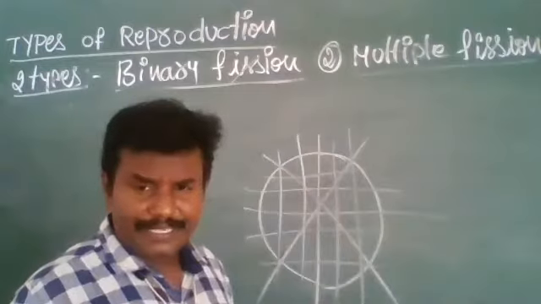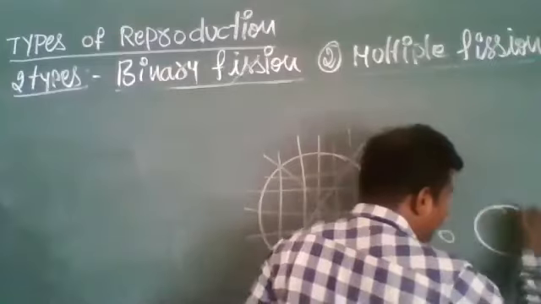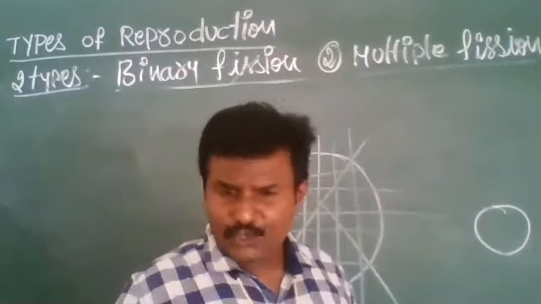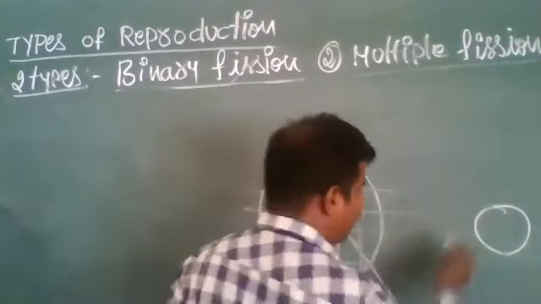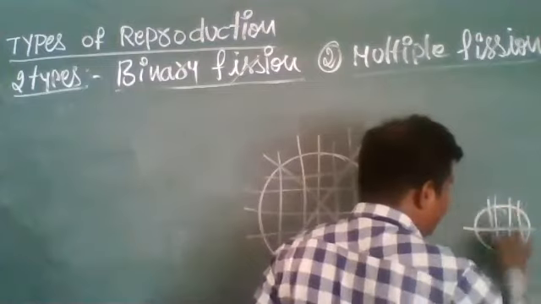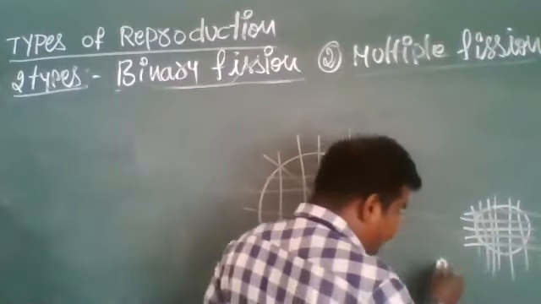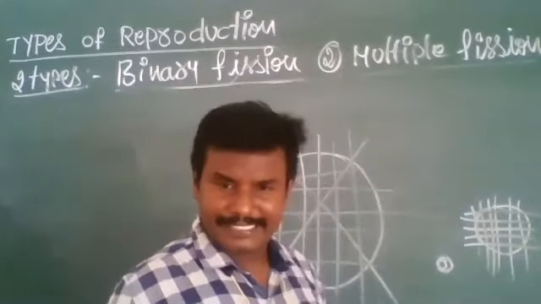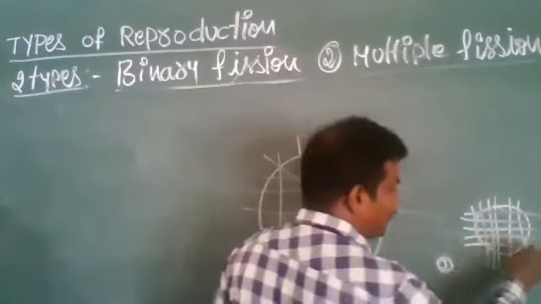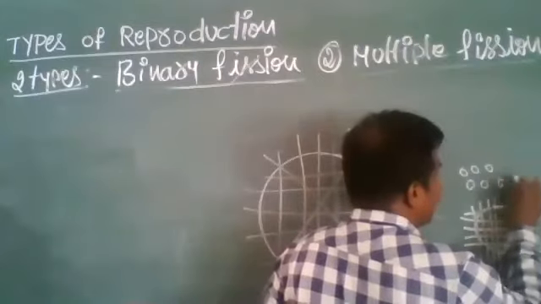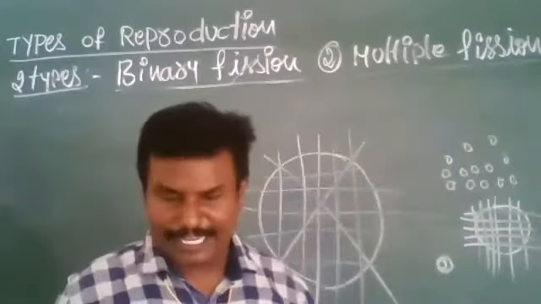In the parental organism, the nucleus is divided into multiple pieces. Nucleus is singular. One nucleus undergoes multiple fission and forms a number of nuclei.